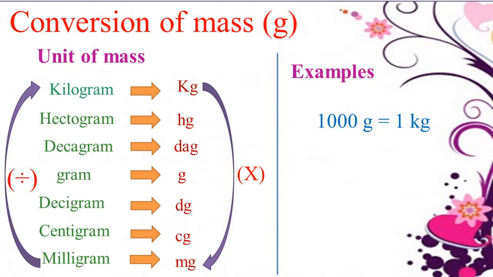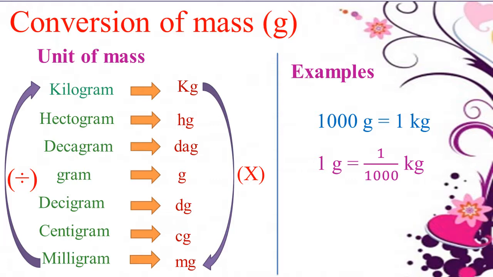So we know 1000 gram equal to 1 kilogram. That is 1 gram equal to 1 by 1000 kilogram. Because for converting a smaller unit to bigger unit, we divide.